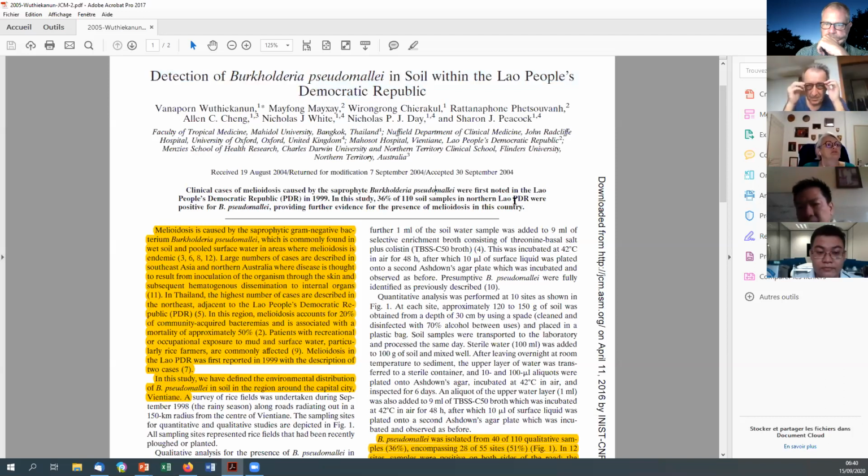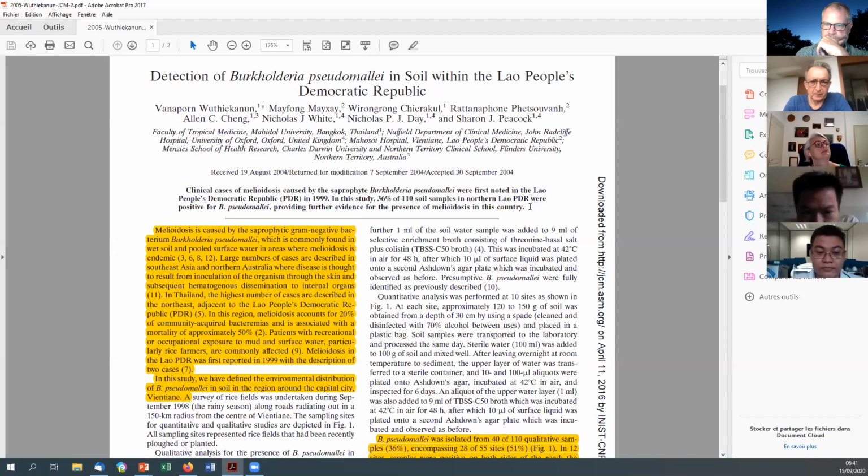It's pretty much the same thing for the abstract. There's hardly any, in fact, there's no adjectives because we have: clinical cases of melioidosis caused by the saprophyte, a bacteria that lives in the environment, Burkholderia pseudomallei, were first noted in the Lao People's Democratic Republic in 1999.